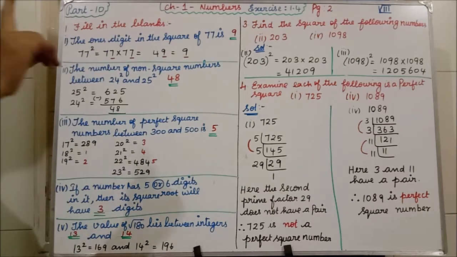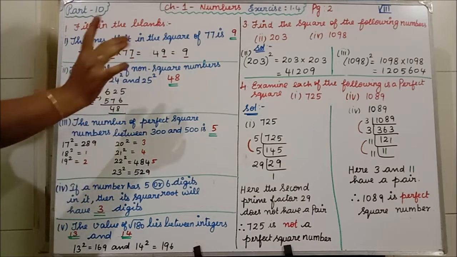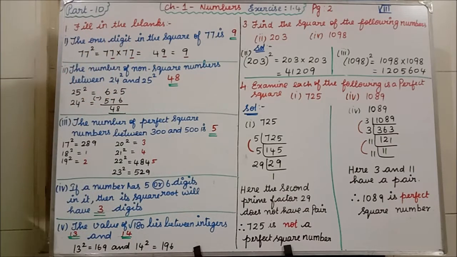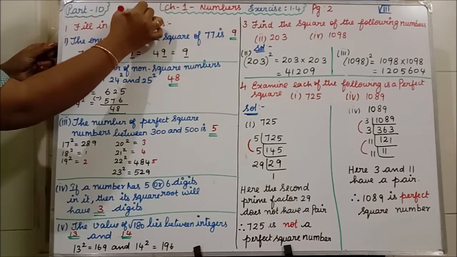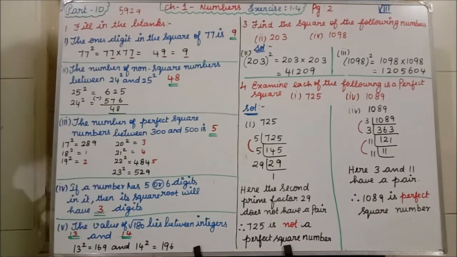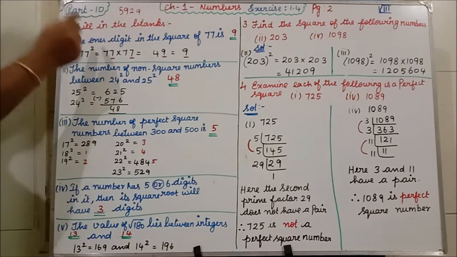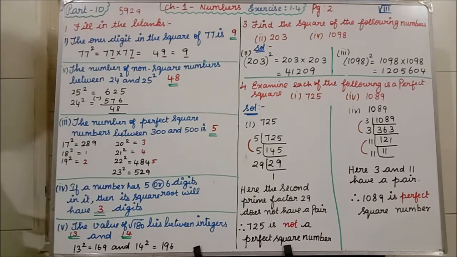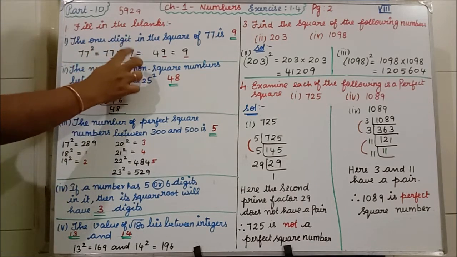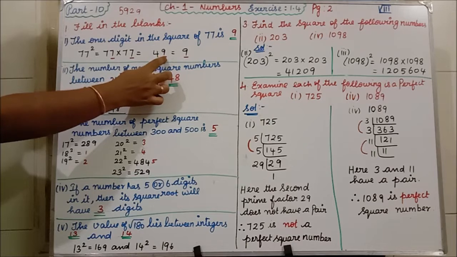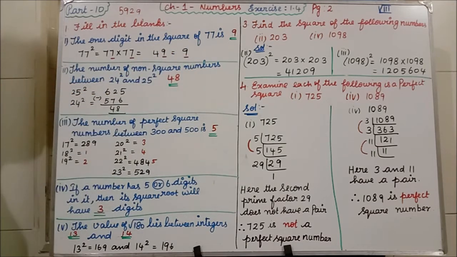Clear? Students, don't think that 77 into 77 is 49. 77 into 77 is 5929, which you will get when multiplying 77 into 77. But they were asking about the ones digit only. So if you multiply this ones digit and this ones digit, the ones digit in that answer is our answer. Clear?